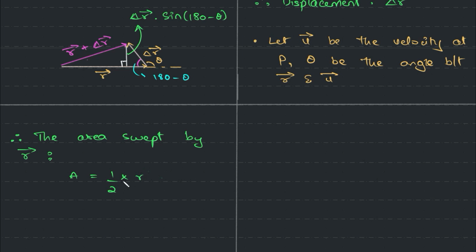Not vector form. Let me just write delta R sine theta. But this in the form of a cross product.